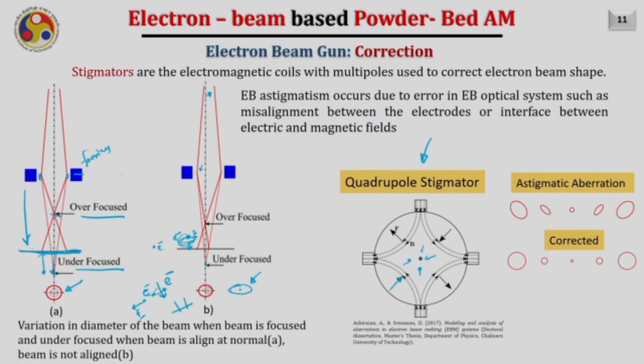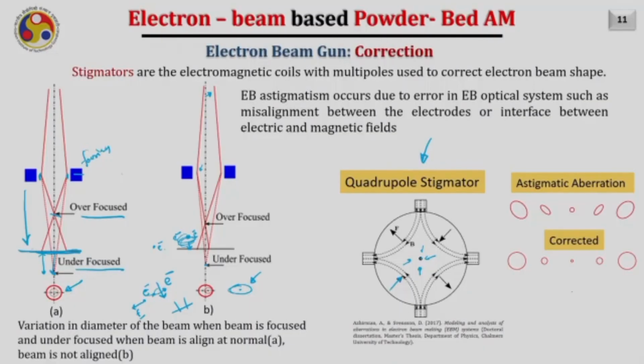Also, the stigmators are not only used to correct the shape because of misalignment of the cathode and anode, or because of interference of the magnetic field, but it may also happen because of the projection of the beam away from the center. We know that if the beam is projected away, if it is not perpendicularly projected onto the bed, instead it is projected like this, as a result you will have an ellipse here while it was a circle here. So we have to correct this shape as well.